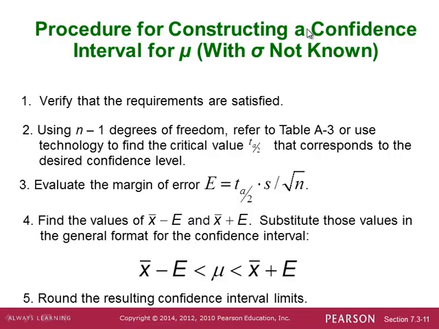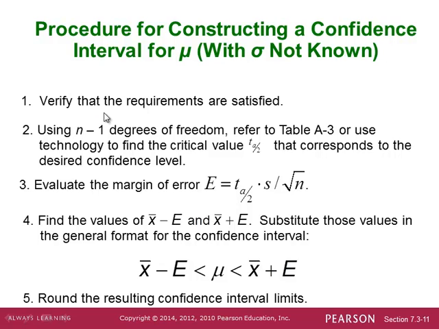So here's the procedure for constructing the confidence interval for mu. This is also in your textbook, folks. We are assuming, by the way, that sigma is not known. Whenever sigma is not known, that's when we use the t-distribution. What is sigma, by the way? Sigma is the population standard deviation. When sigma is known, we'll use the z distribution. But when sigma is not known, we use the t distribution. We will verify that the requirements are satisfied.